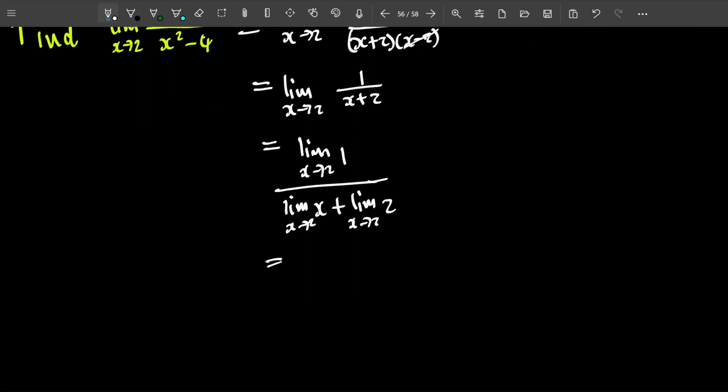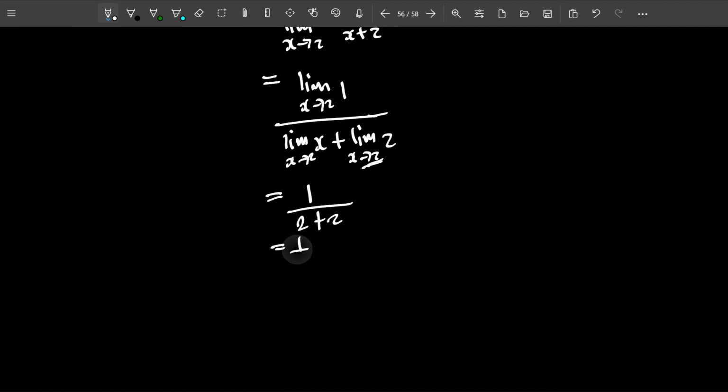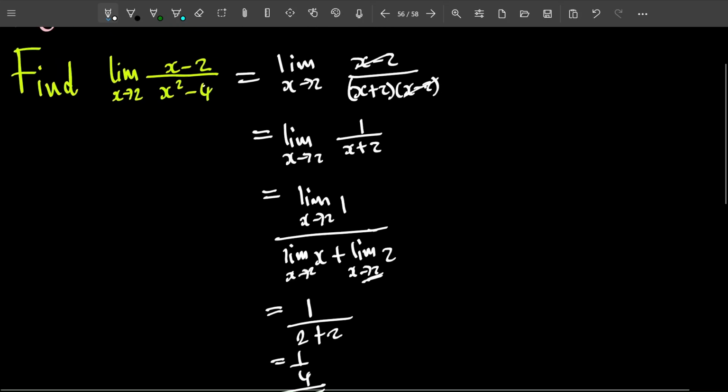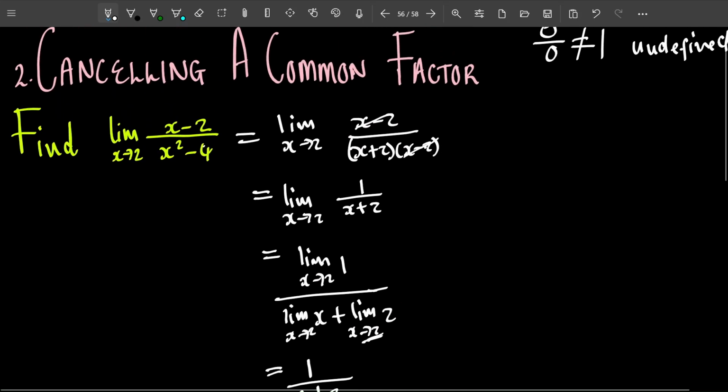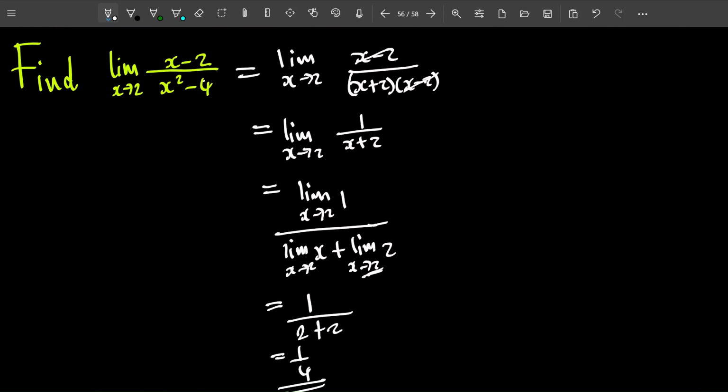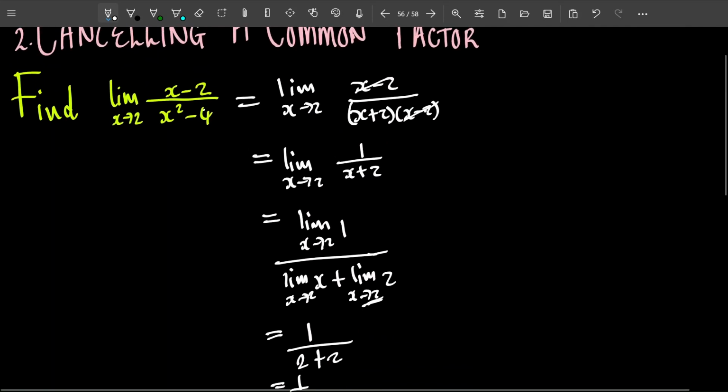The limit of a number is the number, so it is 1 over the limit as x approaches 2 of x, where there is x I'm just going to put 2, plus the limit as x approaches 2 of 2. The limit of a constant is just the constant, so it will be equal to 1 over 4. Okay, now that's it. You see, factorizing helped us remove something, and we're able to find our solution.